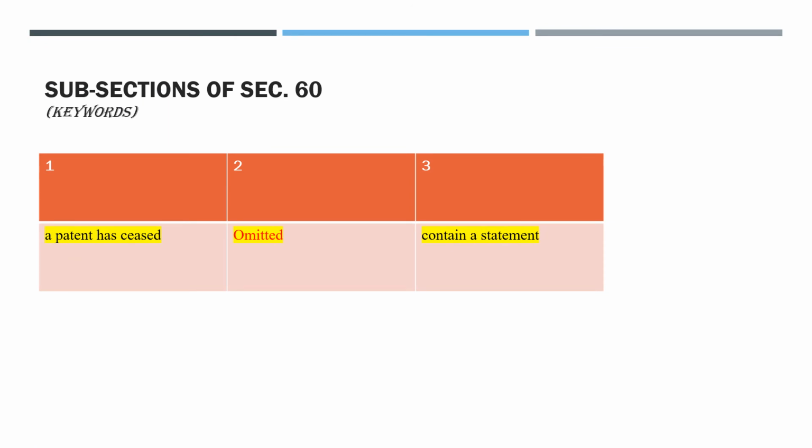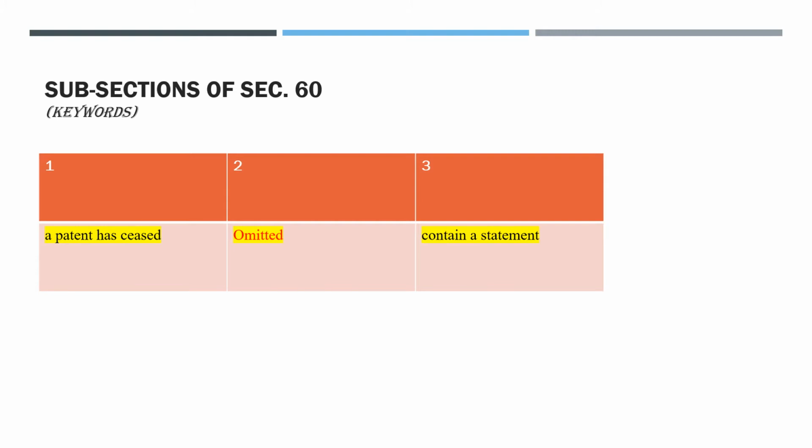Subsections of section 60. We will discuss the keywords. Section 60 has three subsections in total. The key term for subsection 1 is a patent has ceased. For subsection 2, actually subsection 2 does not exist, it is omitted.